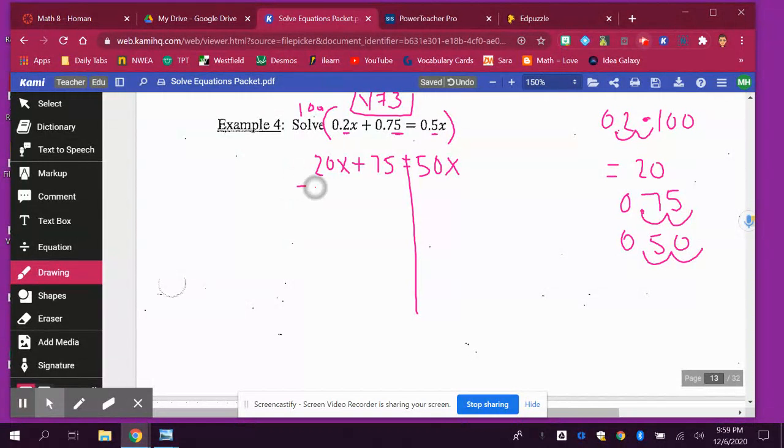So I'm going to move this 20x over here because I already have a variable term over here and no constant term. So I'm going to move that variable term over here so I can keep my variables on the right side and keep this constant over here by itself. And then divide by 30.